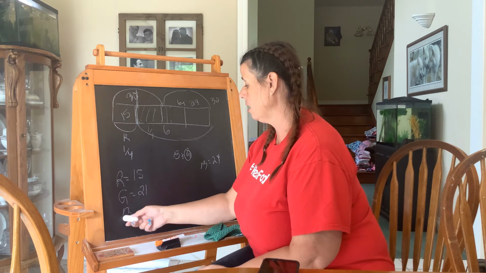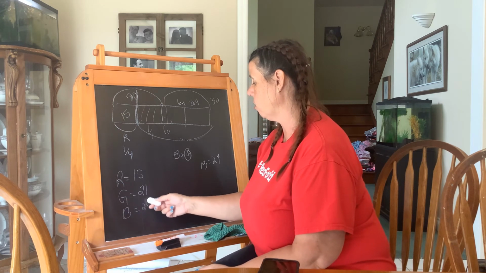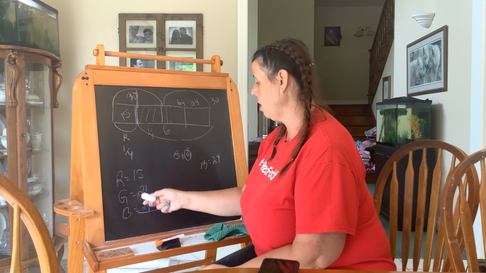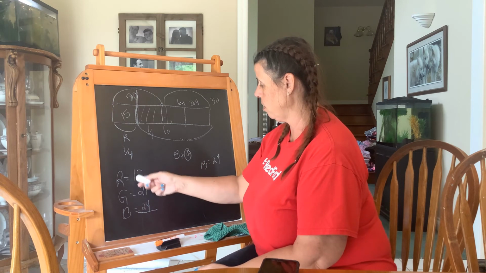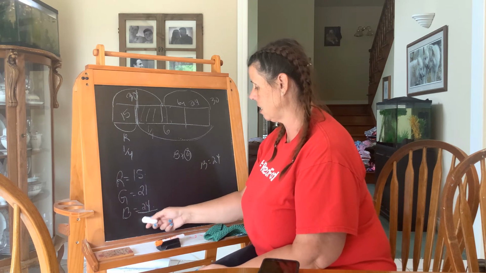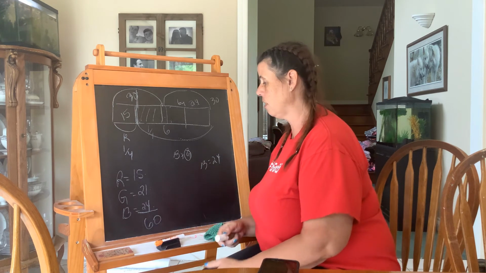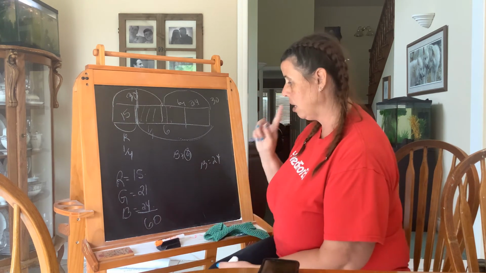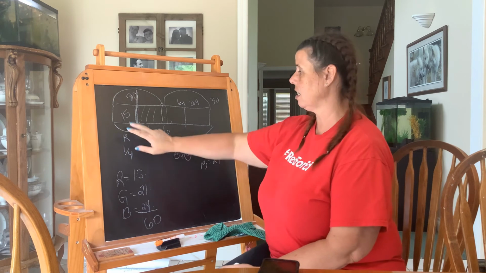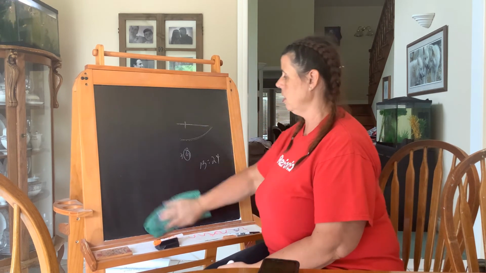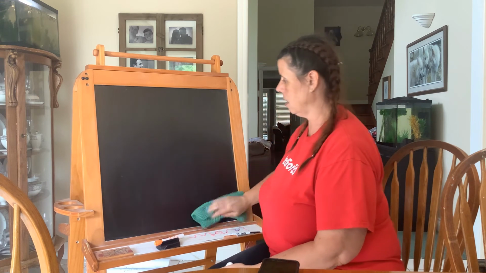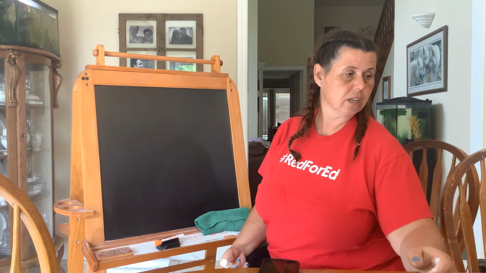And they told us that the blue was 24, which means there are 60 fish total. And that makes sense because a quarter of 60 is 15, okay? So I know that one's tough. The last two are challenging.